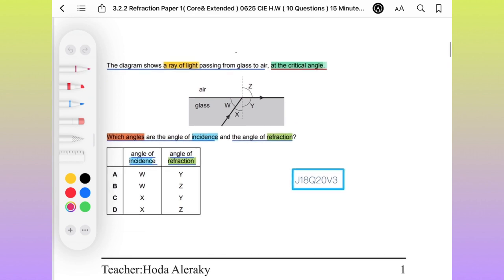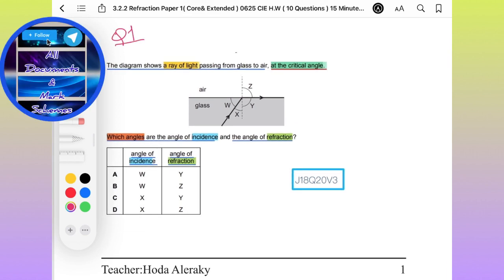Okay, question number 1. The diagram shows a ray of light passing from glass to air, from denser to less dense medium. And again, one more time, when we are talking about optically denser, it doesn't mean the actual density we discussed in topic 1.